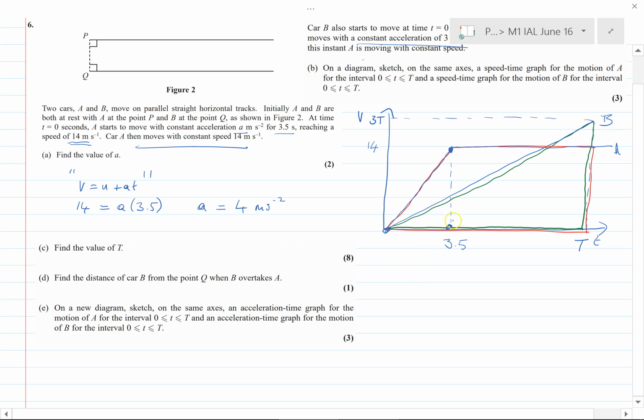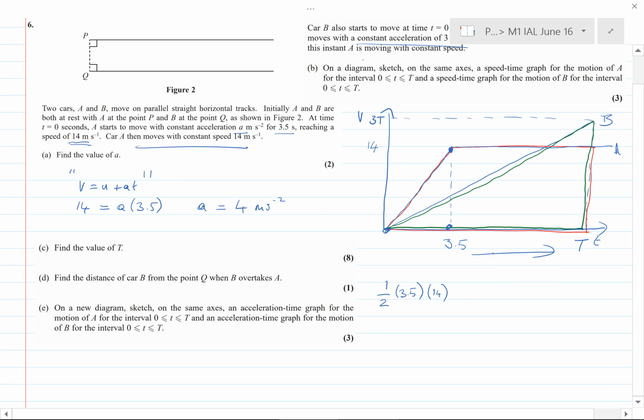The area of this triangle is half base, which is 3.5, times height, which is 14. Then we need the area of the rectangle marked there.